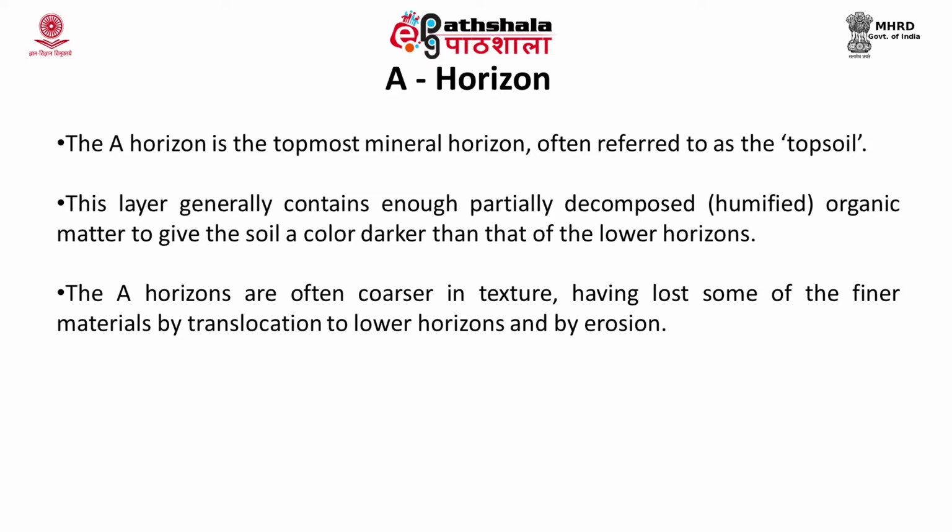Next comes the A horizon. The A horizon is the topmost mineral horizon, often referred to as the topsoil. This layer generally contains enough partially decomposed organic matter to give soil a color darker than that of the lower horizons. The A horizons are often coarse in structure, having lost some of the finer material by translocation to lower horizons and by erosion.